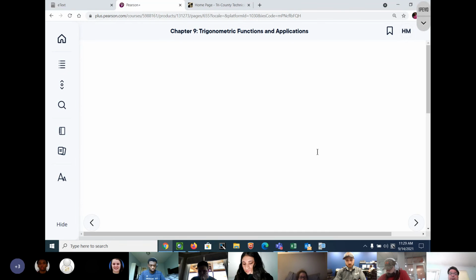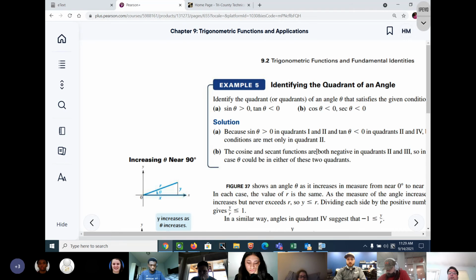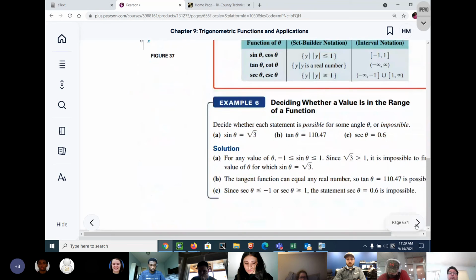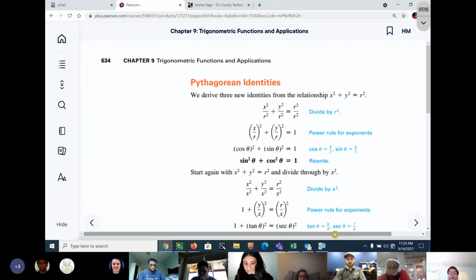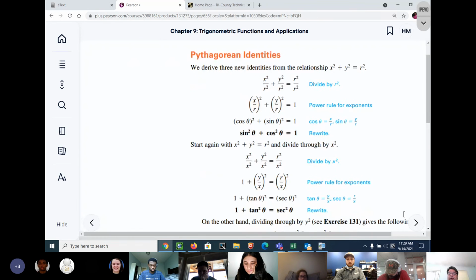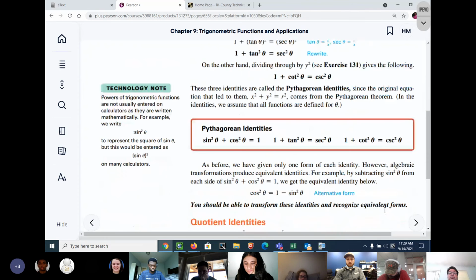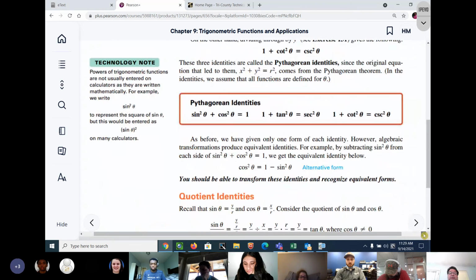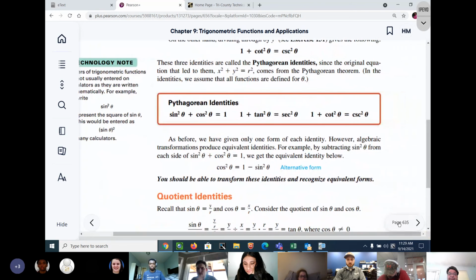And the reciprocal should be on this page. Nope. They're getting there, though. Pythagorean identities. There we go. Write those down. Now, I'm going to go ahead and tell you right now, if you don't learn these, you're going to be in trouble.